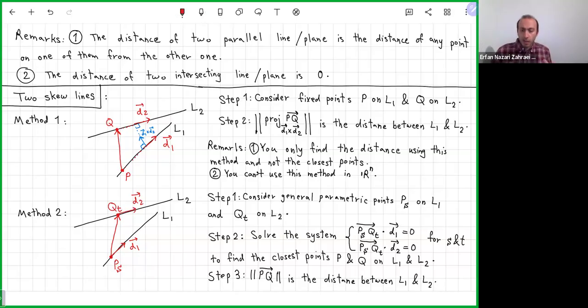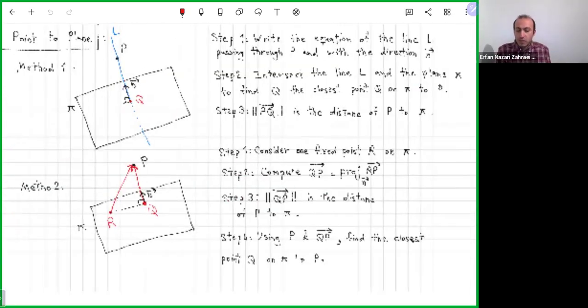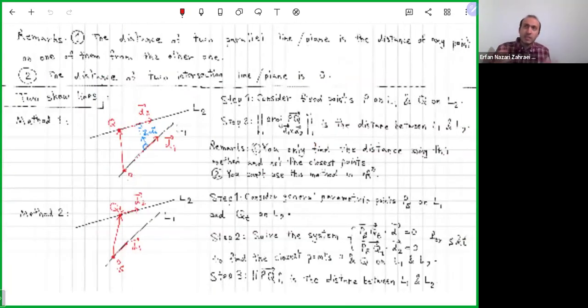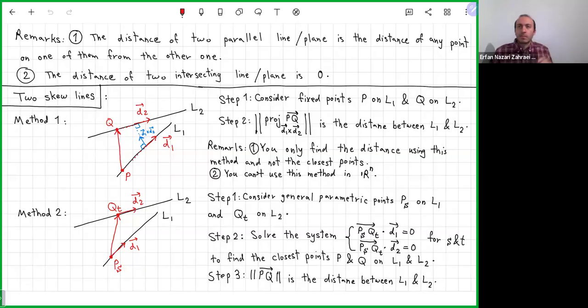So because of this, I don't need to discuss the distance between parallel objects because they reduce to the previous situation, distance of a point and a line or a plane. What about if they are not parallel? Then either they intersect or they don't intersect. If they intersect, the distance between two intersecting objects, like two intersecting lines or two intersecting planes, is simply 0.